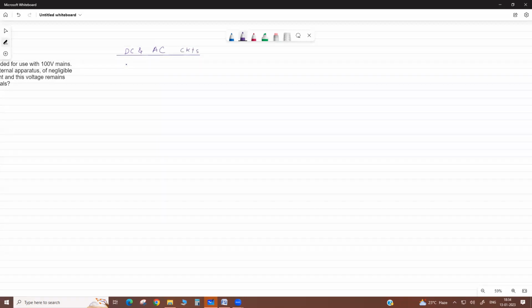So as you know, there are electrical circuit components or elements. There are active and passive elements. Active means a source, like a current source or voltage source.